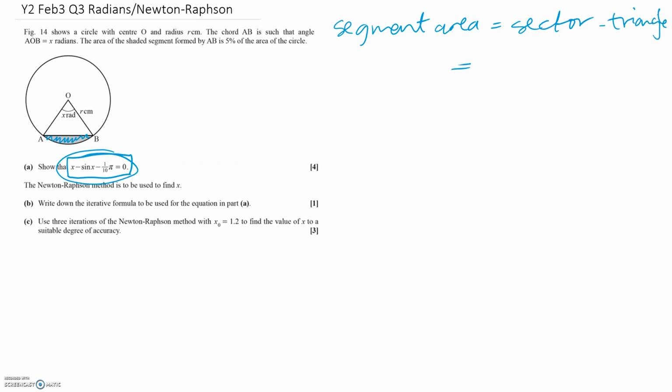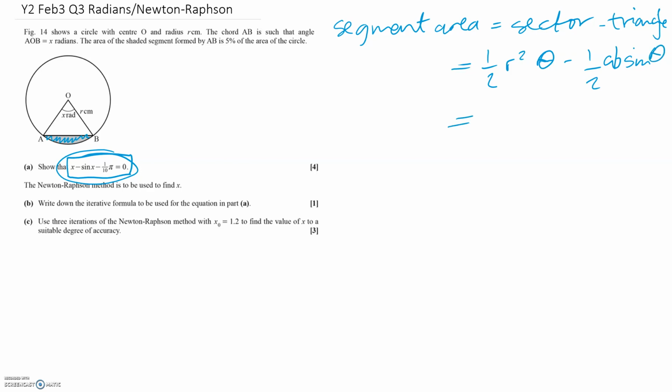And since this is all in radians, the sector area is a half r squared theta minus a half AB. It's a half AB sine C usually, but we use theta.